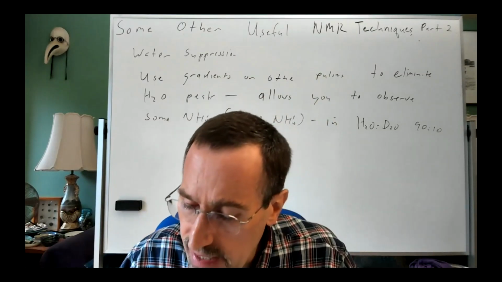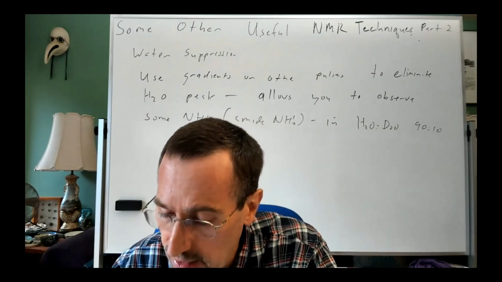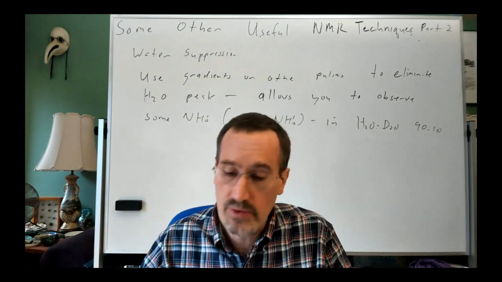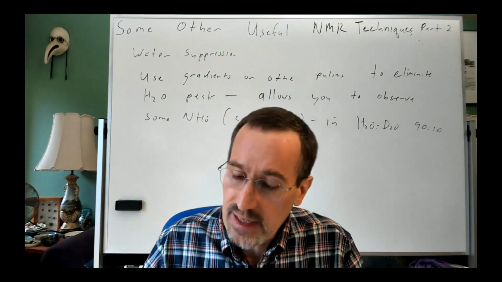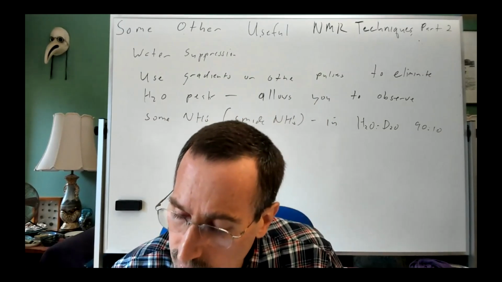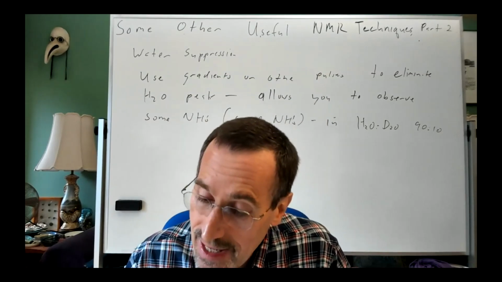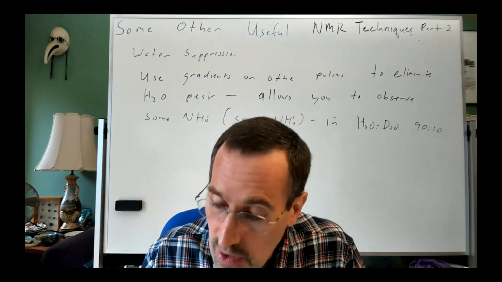And the example they give over here in this handout is a sugar molecule. Sugars typically don't dissolve in organic solvents, so sugars only dissolve in water. But the problem with using water for your sugar is that then you're not going to be able to see your OH groups.